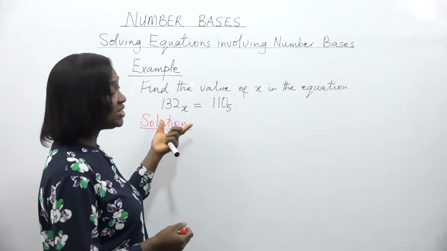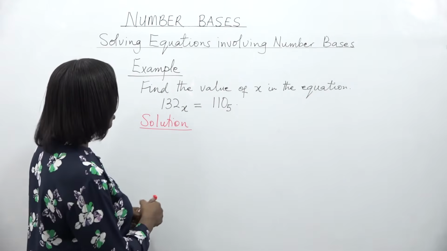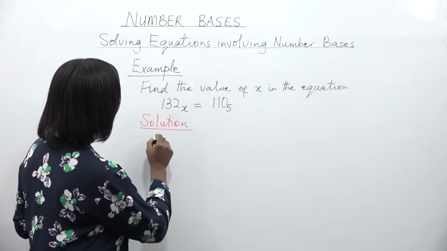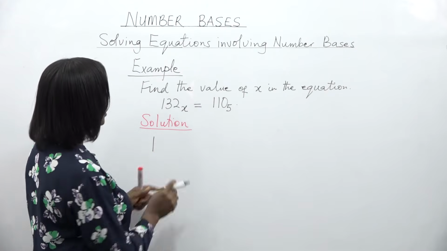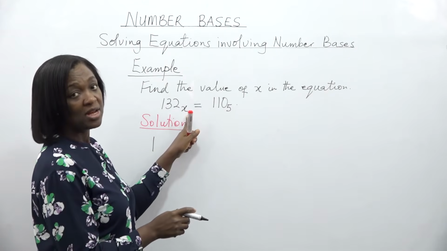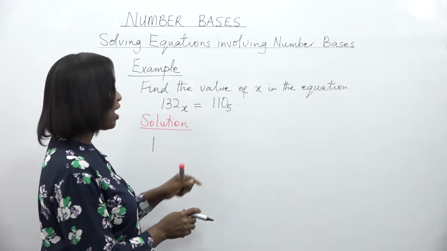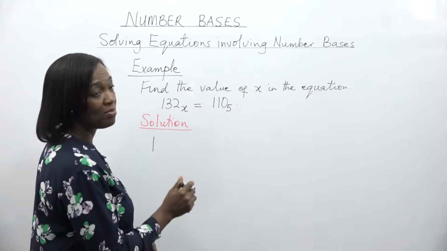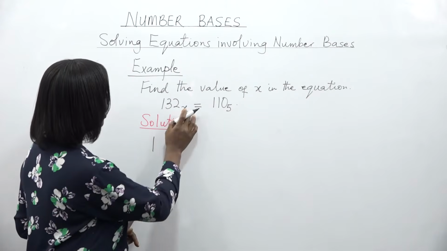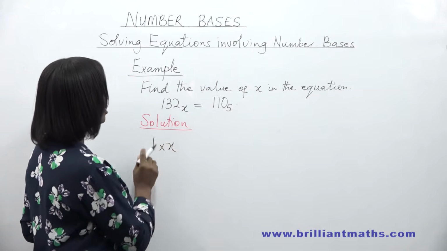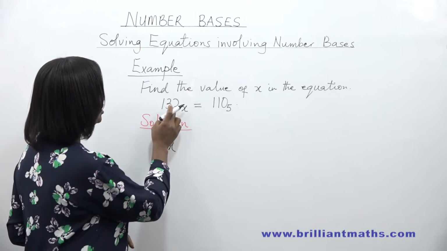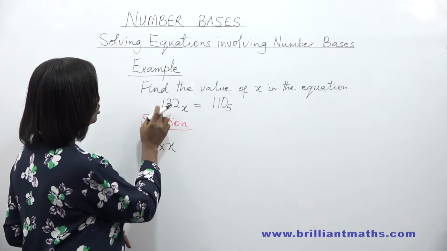And to convert to base 10, we're going to write out the digits, 132, and then we'll multiply by the base raised to the power of the count. Let me show you what I mean by that. 1 times x, in counting these digits, we start from 0. So that's 0, 1, 2.